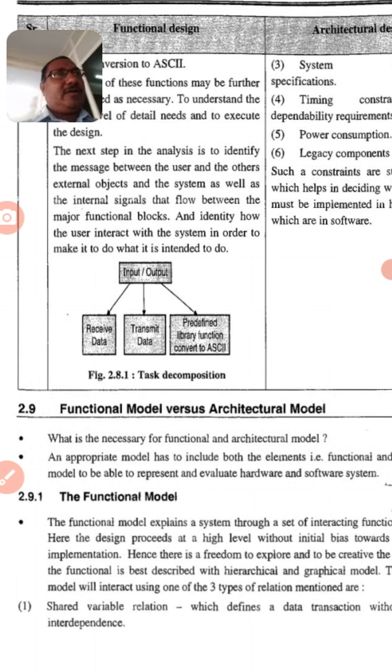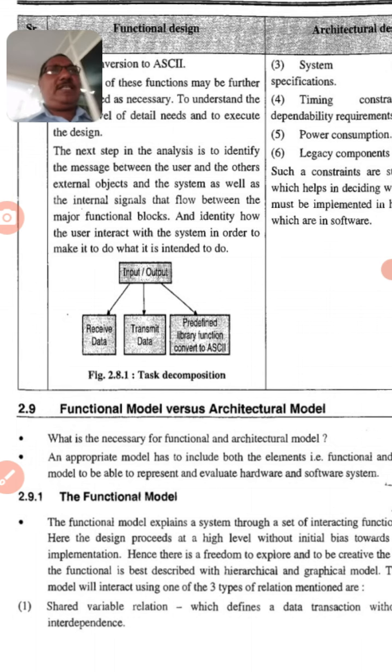So during functional design, the functional designer will draw a block of LED. An architectural designer will take out the positive supply and negative supply from the power supply section.